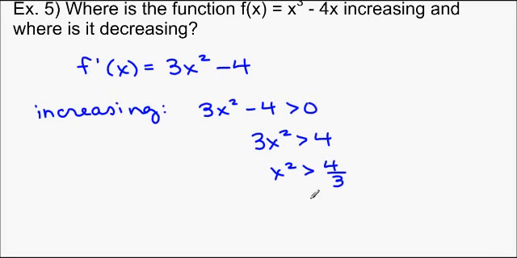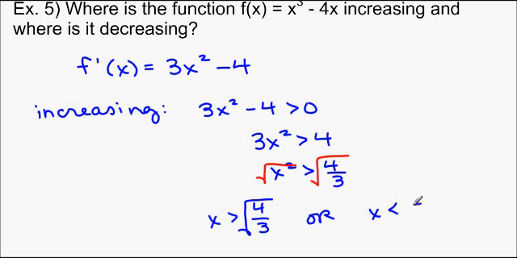Okay. So when we square root this, we end up with two different inequalities. So either x is greater than the square root of 4/3, or x is less than the negative square root of 4/3.